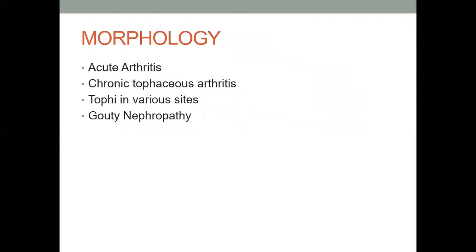Then formation of tophi in various sites. So a tophus is a large aggregate of urate crystals which are surrounded by intense inflammatory cells and foreign body type giant cells.